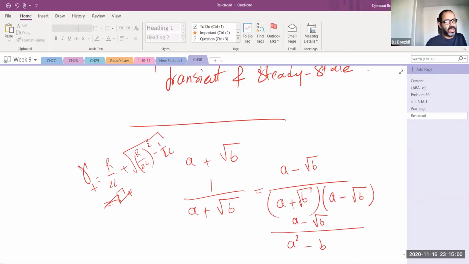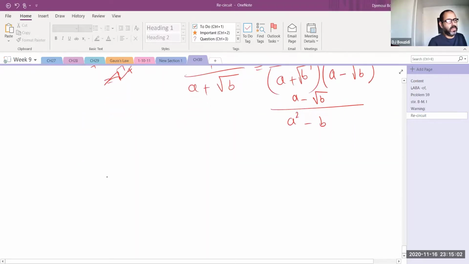That is, gamma plus is R over 2L plus the square root of (R over 2L) squared minus 1 over LC.